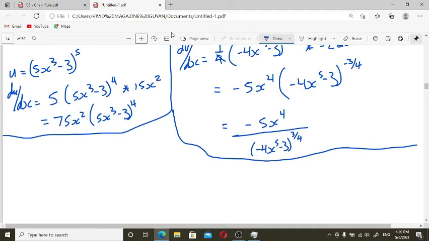Alright, so again, this is the rule: u dv over dx plus v du upon dx.